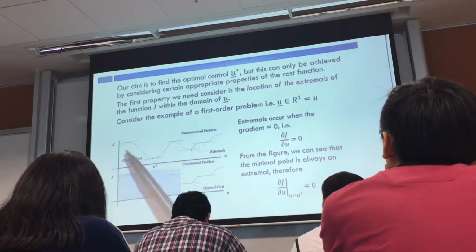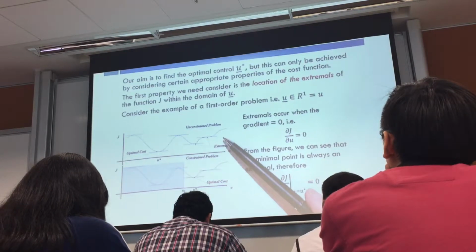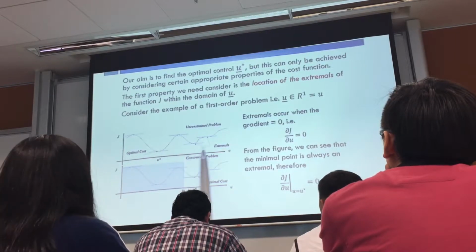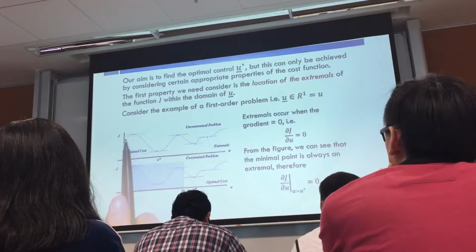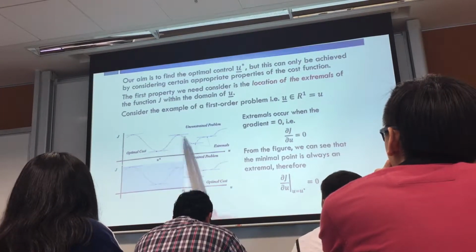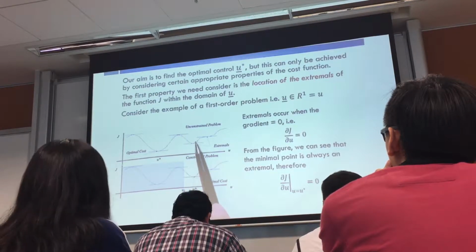For example, if we have this 1D problem, we know there are some minimizing solutions and some maximizing solutions. This one is a maximizing point, this one is a minimizing point, this one is another maximizing point, this one is another minimizing point.